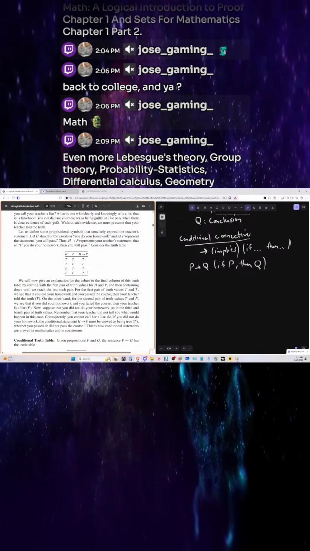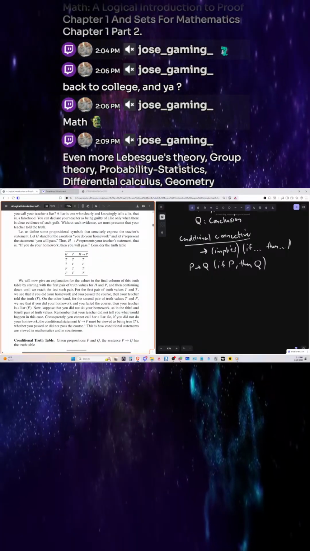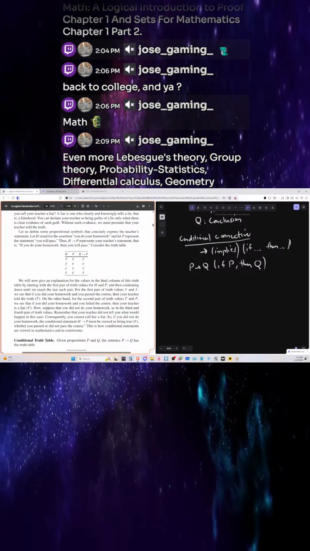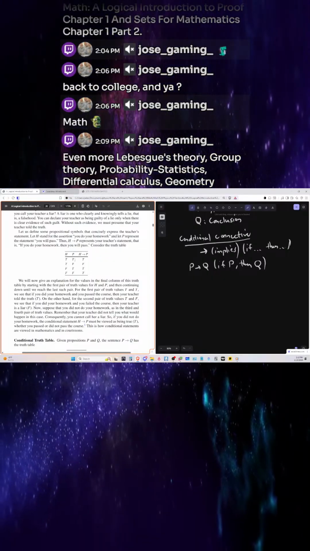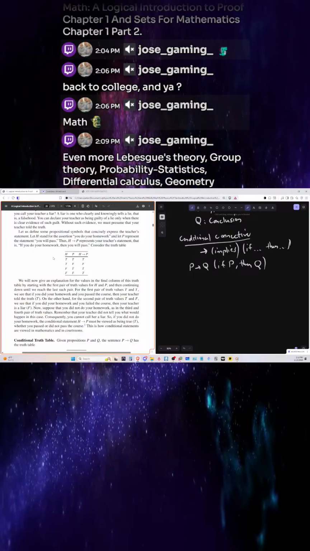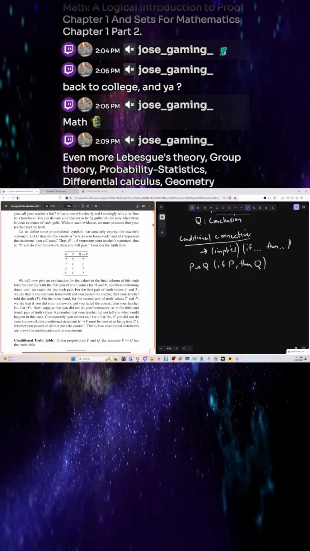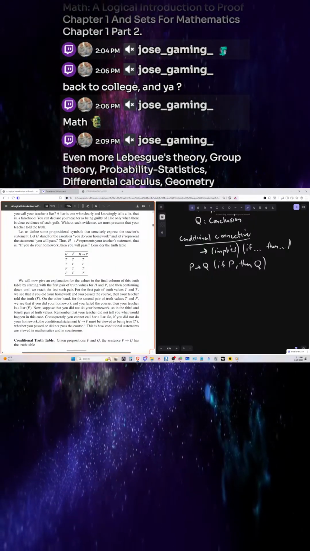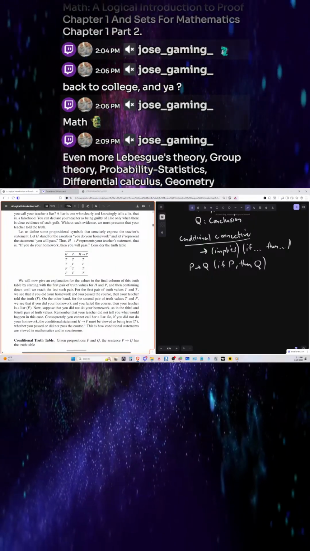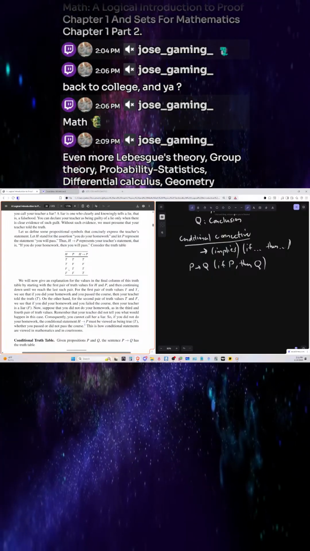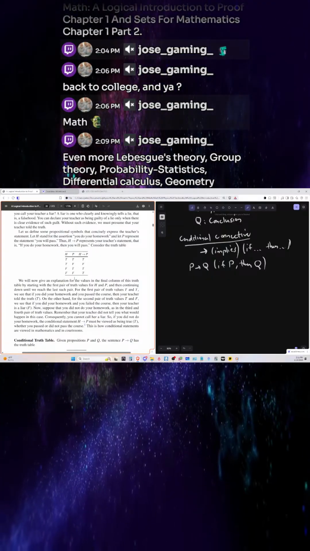That is really interesting. If it's both true, then it's true. If this is true but this is false, then that means it's false. Okay, so because P is the conclusion here. So if it starts off false, then it is true. Okay, so I might have to get used to this logic here.